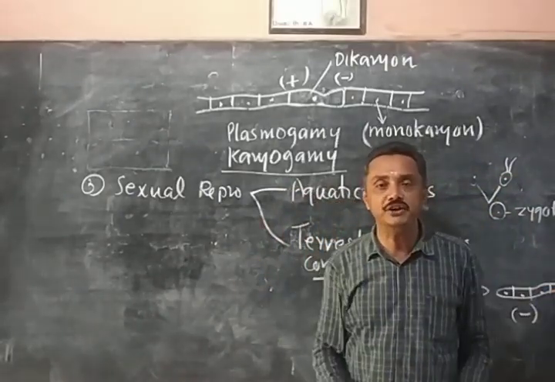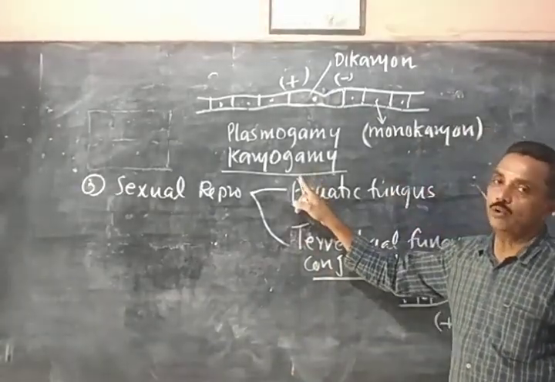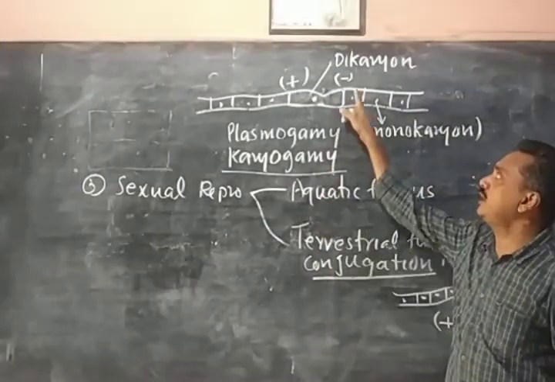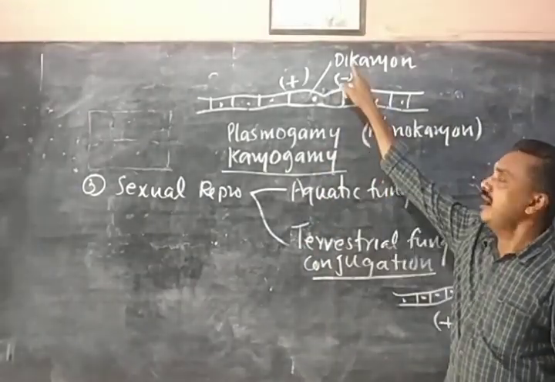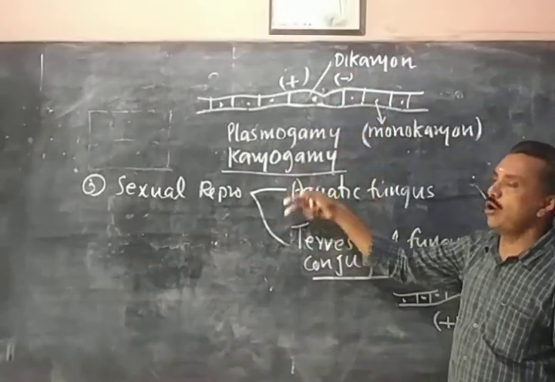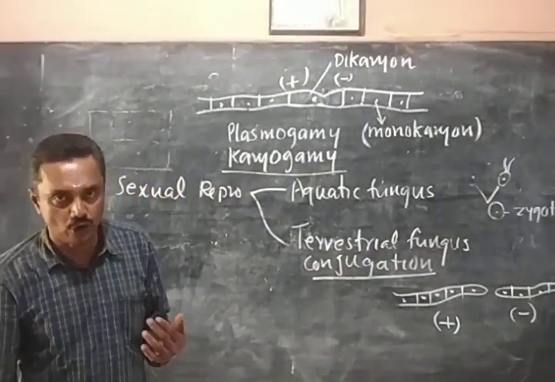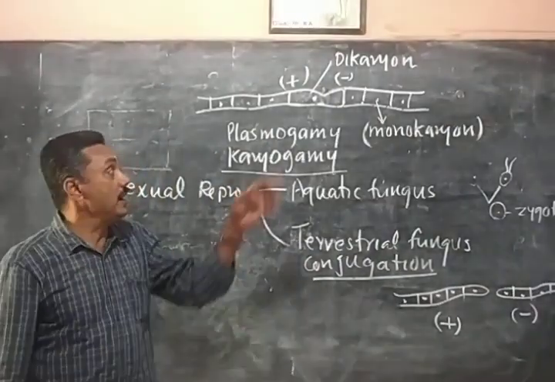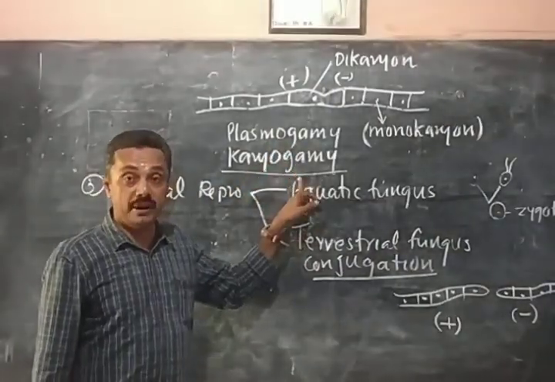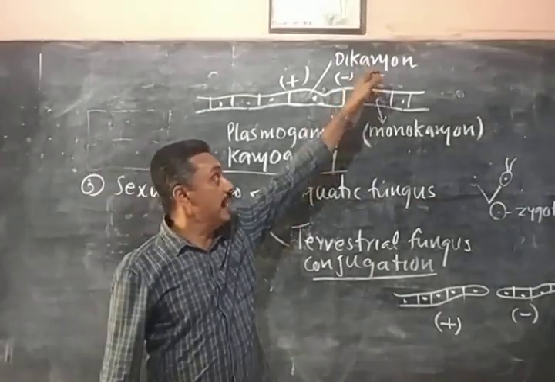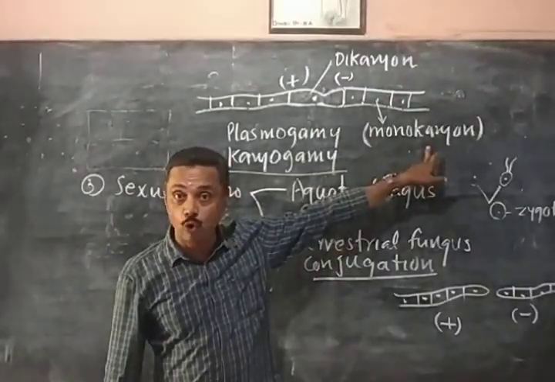Then the nuclei join together, that is karyogamy. And then monokaryon and dikaryon. You can take down all these diagrams clearly. So differentiate between plasmogamy and karyogamy. Differentiate between dikaryon and monokaryon.